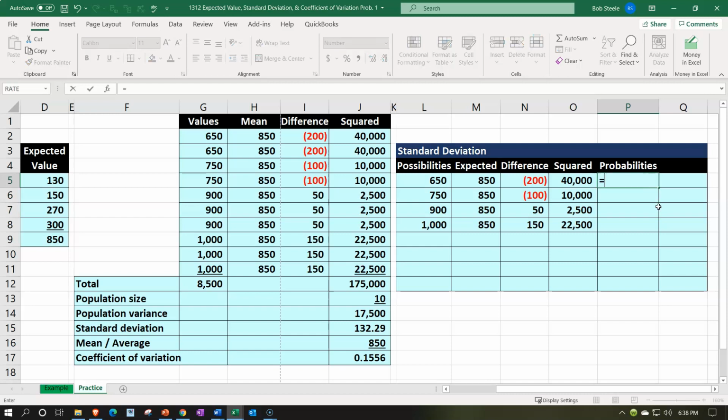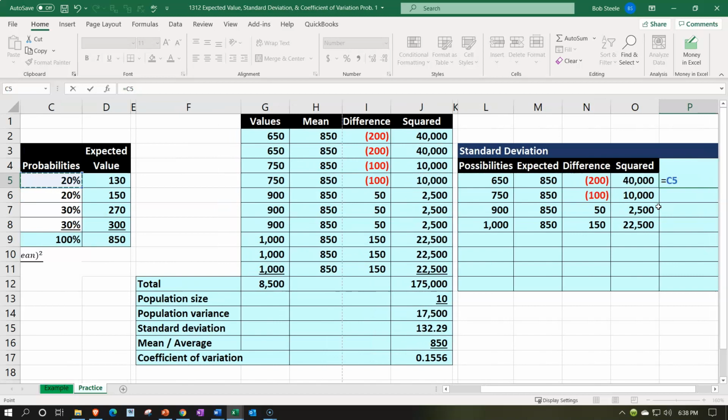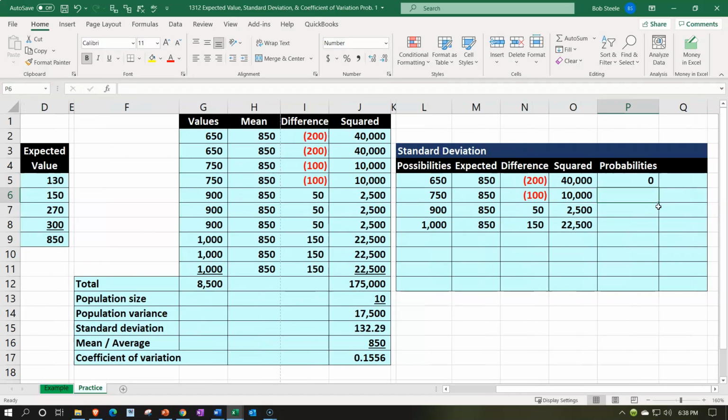So now we're going to add the probabilities after we have that squared amount, which will be the 20%, the 20, 20, 30, 30.